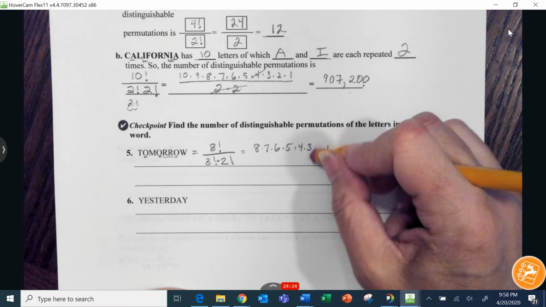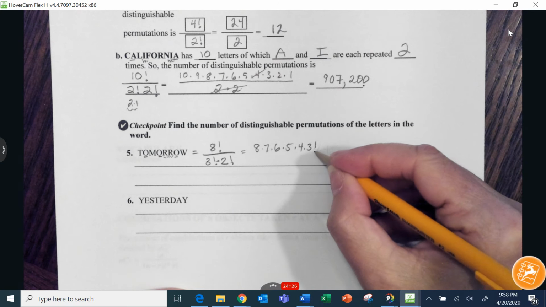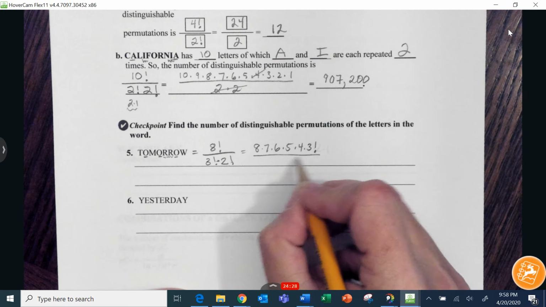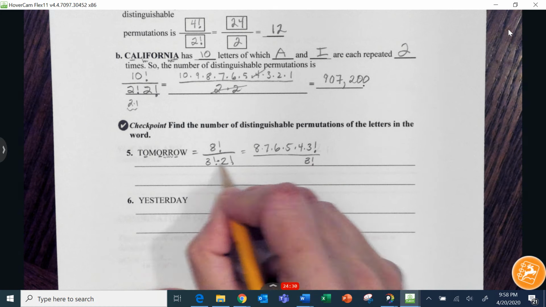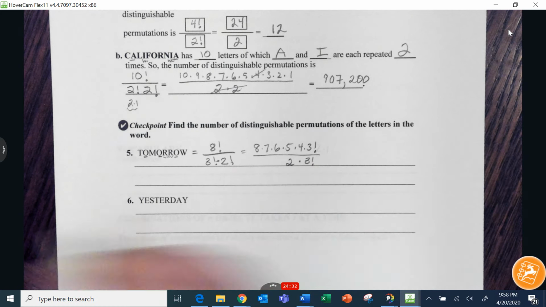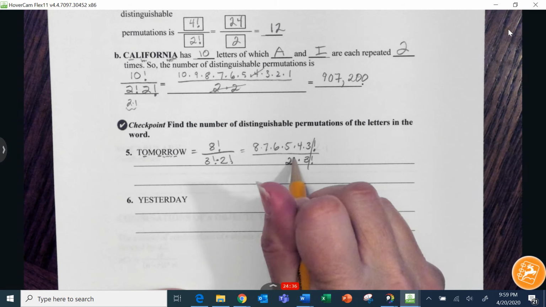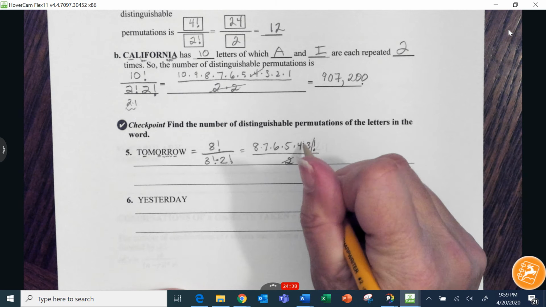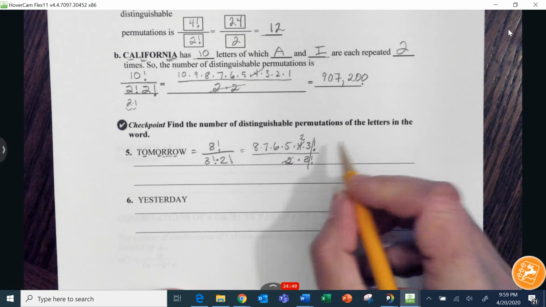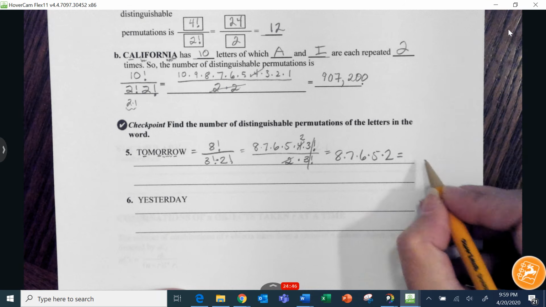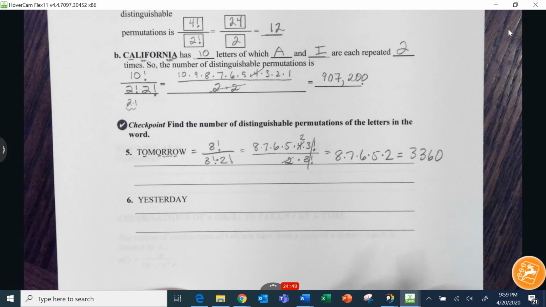Actually, let me just stop that at 3 factorial. And then we'll do 3 factorial, and then we're going to multiply that by 2 factorial, which is just the number 2. So those will cancel. I will cancel 2 factorial, 2 with a 4, and get a 2 left over. I'm going to multiply 8 times 7 times 6 times 5 times 2, and I get 3360.